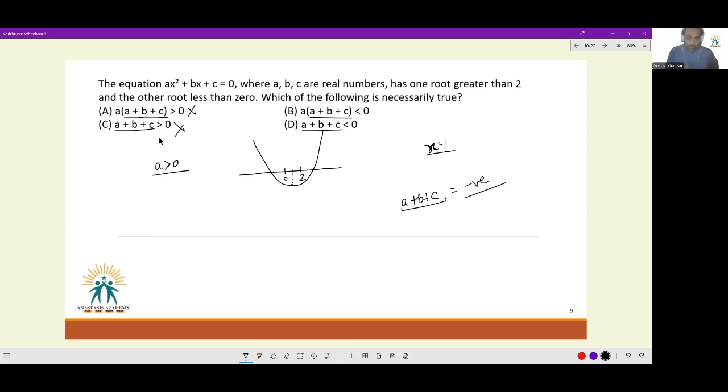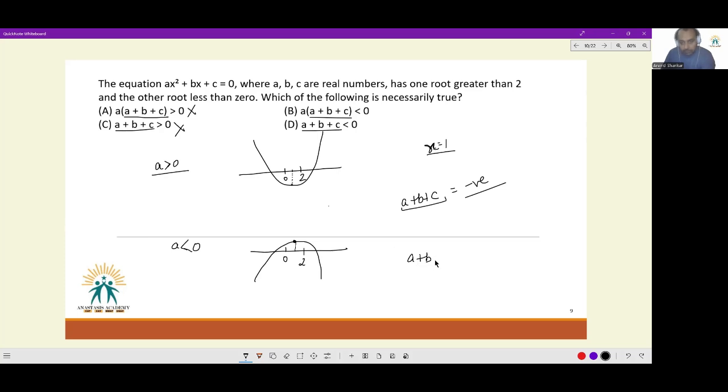But remember, we were checking one case when A was greater than 0. If A is less than 0, then what happens? Our graph would be something like this. This is 2, this is 0. At 1, we'll get a positive value.